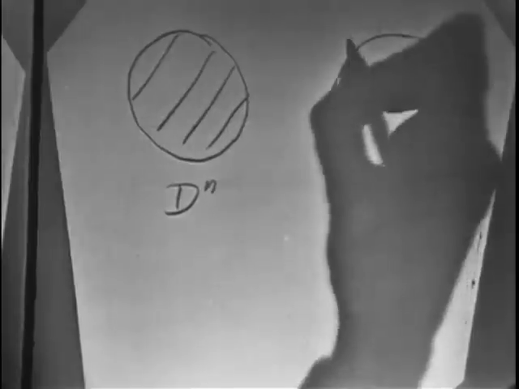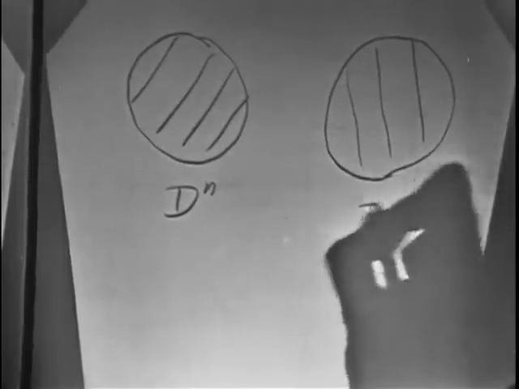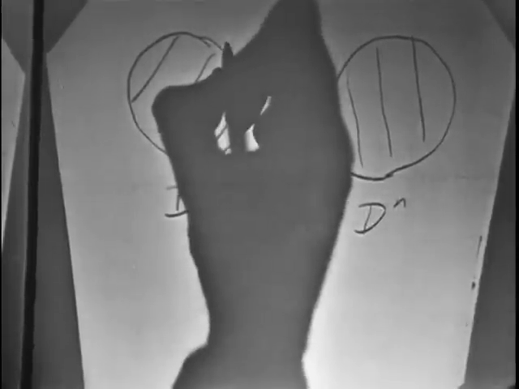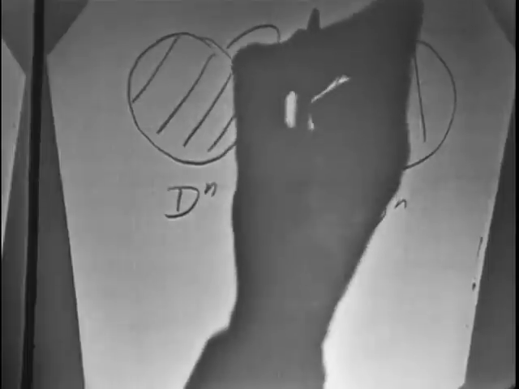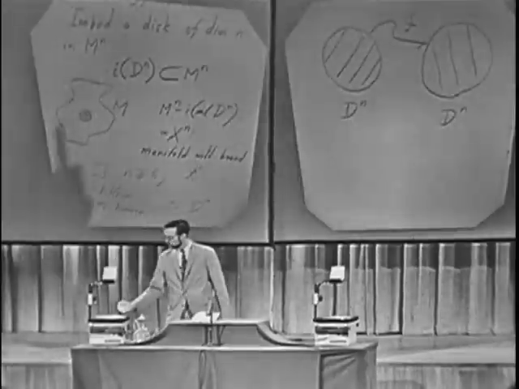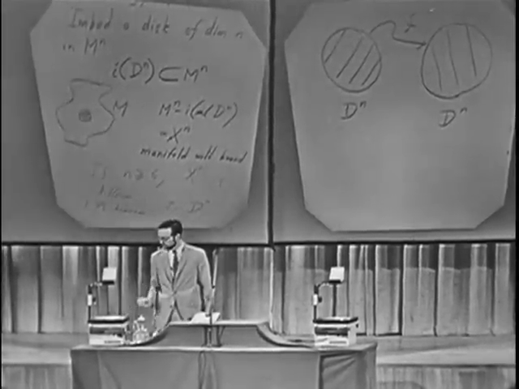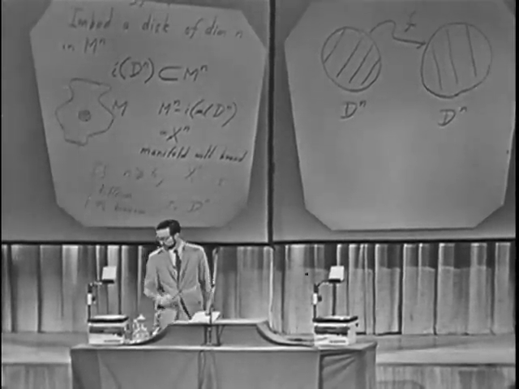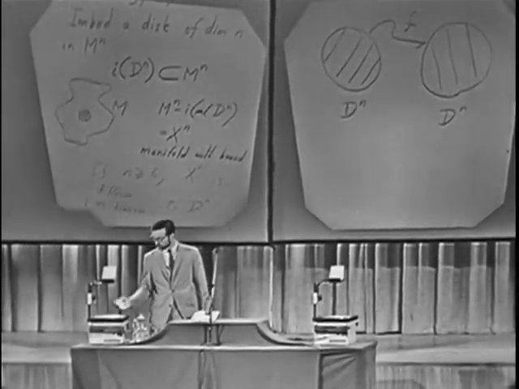There's supposed to be 2 identical disks. I take 2 copies of the standard disk. I map one isomorphically onto the inside disk. I map the other isomorphically onto the outside. And then we notice that boundary points correspond.